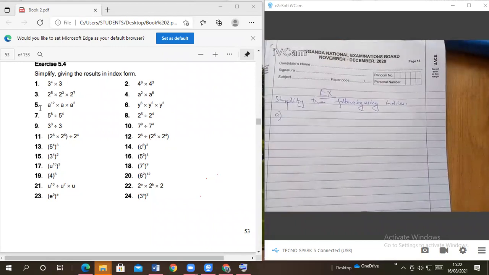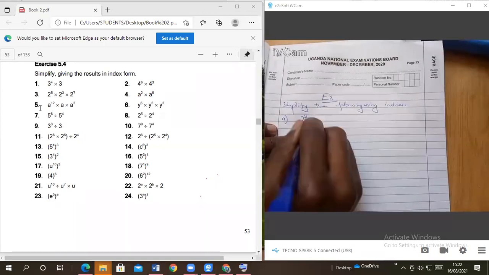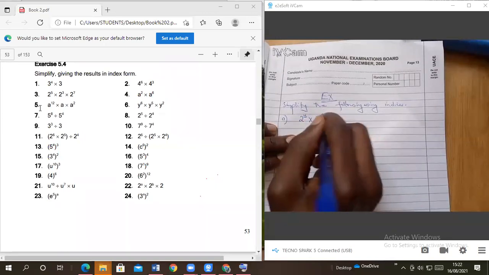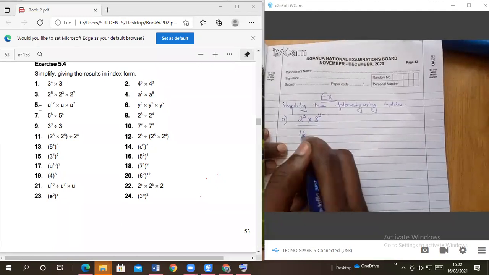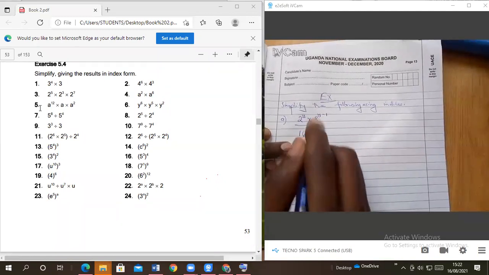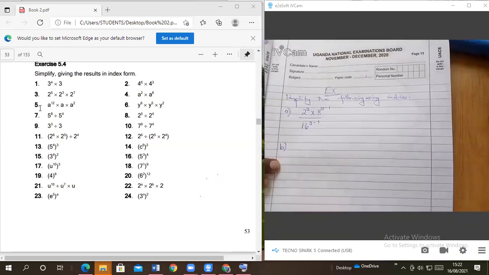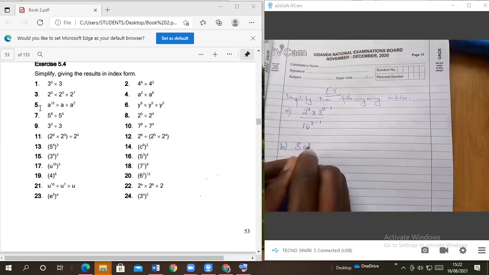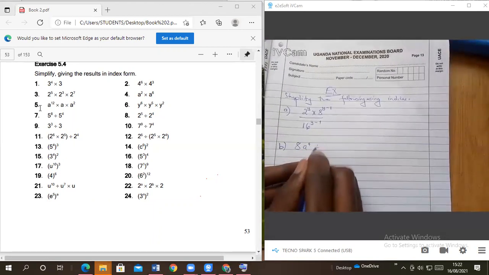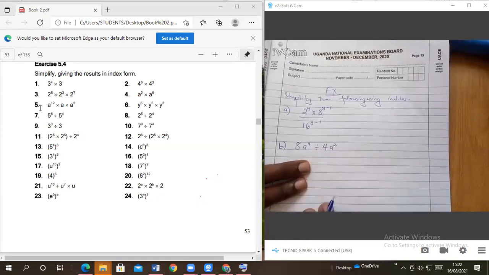A. I have 2 to the power y times 8 raised to power y minus 1 divided by 16 raised to power y minus 1. B. I have 8 to the power 4 divided by 4a squared.